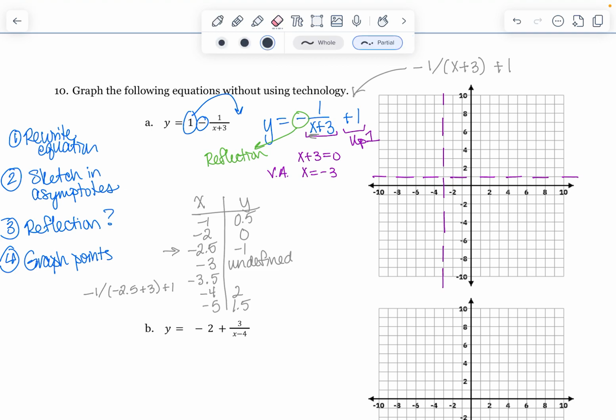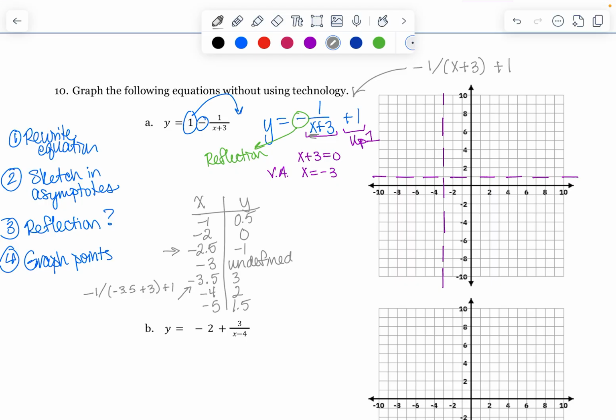Then I'm going to plug in my other x value. So this -3.5. -3.5 would end up being 3. So I'm going to add that to my table.